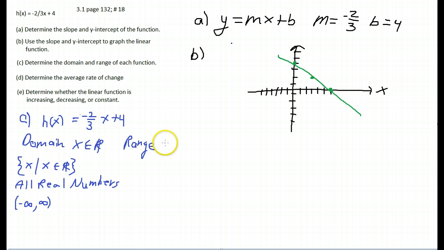Now the range is where y is defined. We could say y is an element of the reals. We could once again use the set builder notation and say we have a function for y where y is an element of the reals. That means it's all real numbers. I could write out all real numbers.